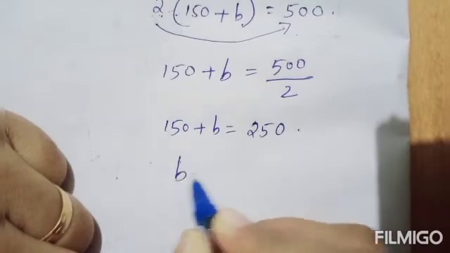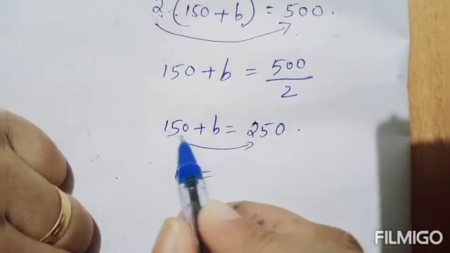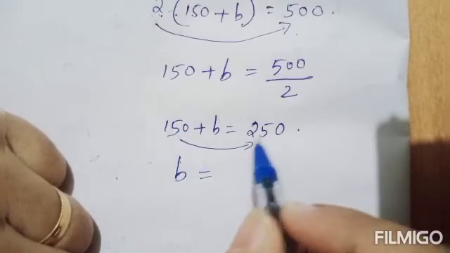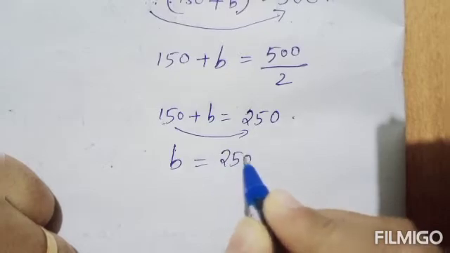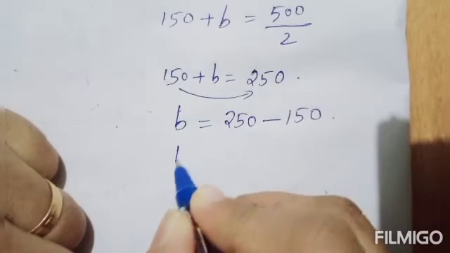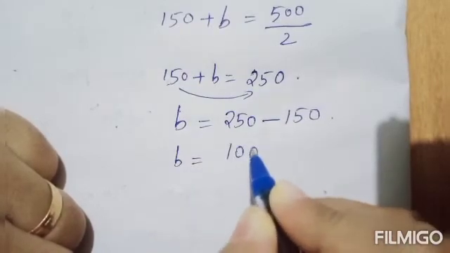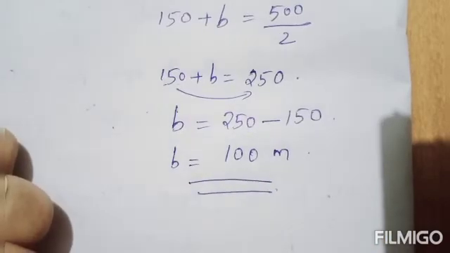So what will be B here? This 150 you can take to the other side. So positive 150 on taking to the other side will be negative. Okay, so 250 minus 150. So what will you get? B equal to 100, the unit will be meter. Breadth equal to 100 meter.